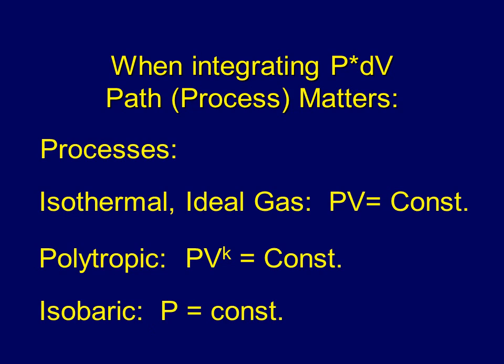We can have an isobaric process where P is constant. Now we're specifying things about the path. Along the path, in the case of the isobaric process, we're keeping the pressure constant, and so that specifies the path, and we'll have a different result depending on the path that we take in terms of the amount of work that's done, work being a path function.